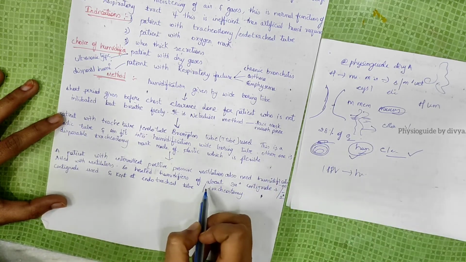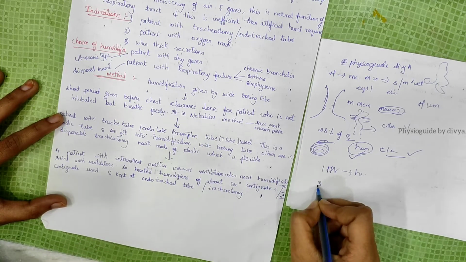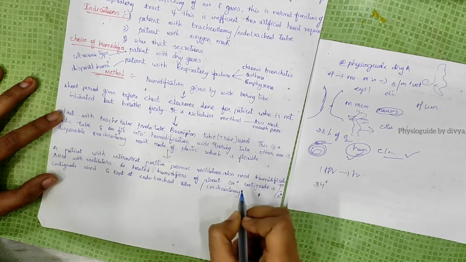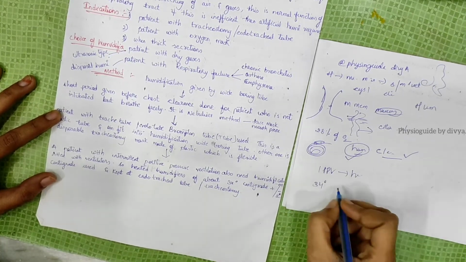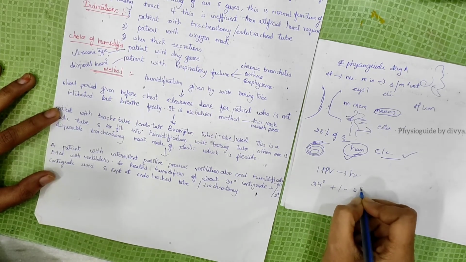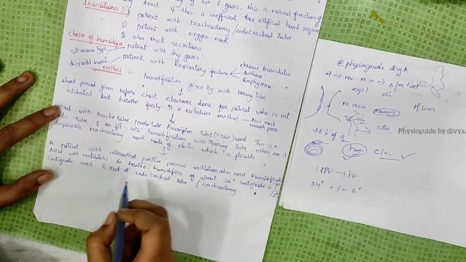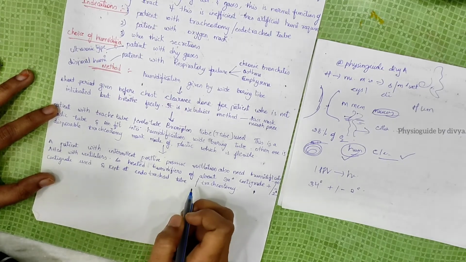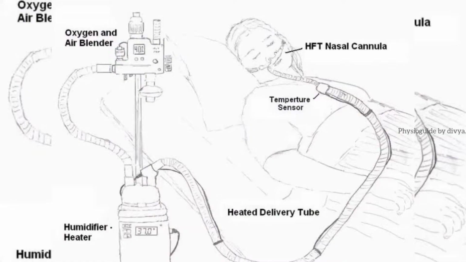Heated humidifiers of about 34 degrees centigrade plus or minus 2 degrees centigrade are used, and kept at the endotracheal tube or in a tracheostomy.